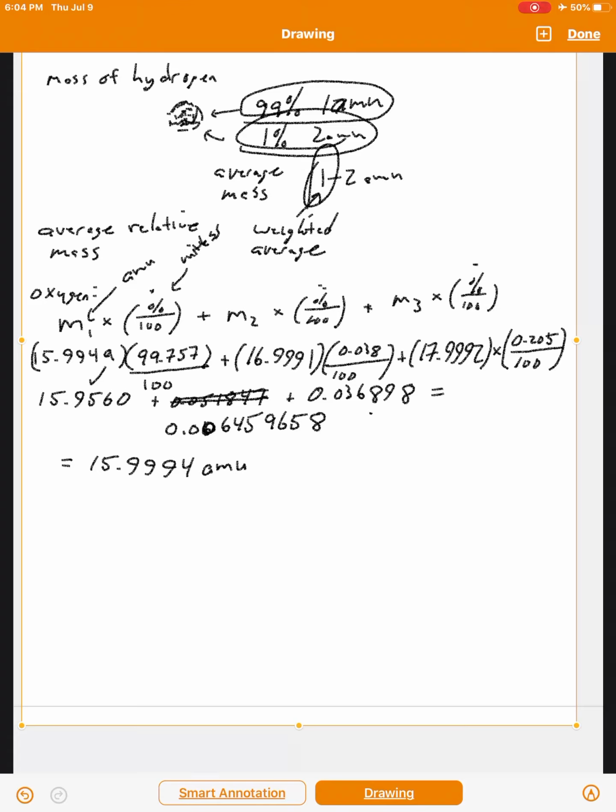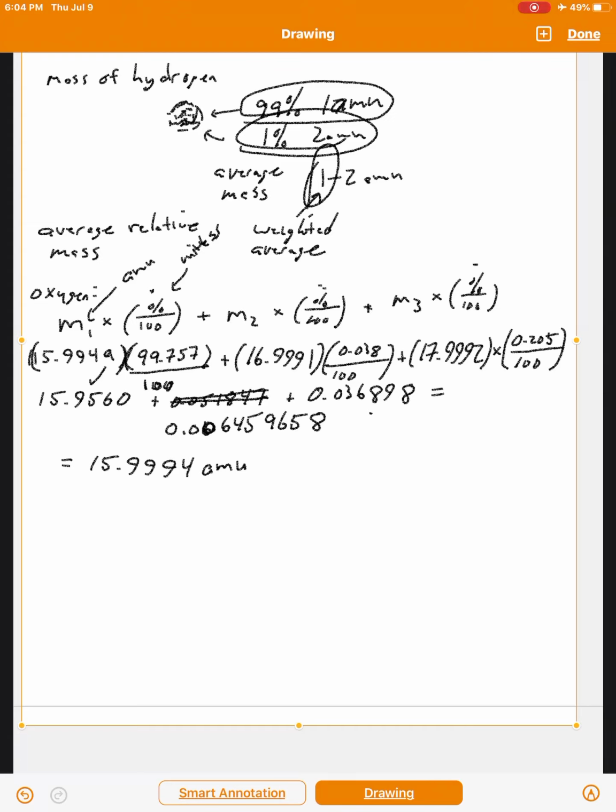So let's take the first one. The first one is multiplication and division, but 100 is an exact number, so we can ignore 100 because it's exact. We're only considering the measurements. So 15.9949 has 6 sig figs. 99.757 has 5 sig figs.